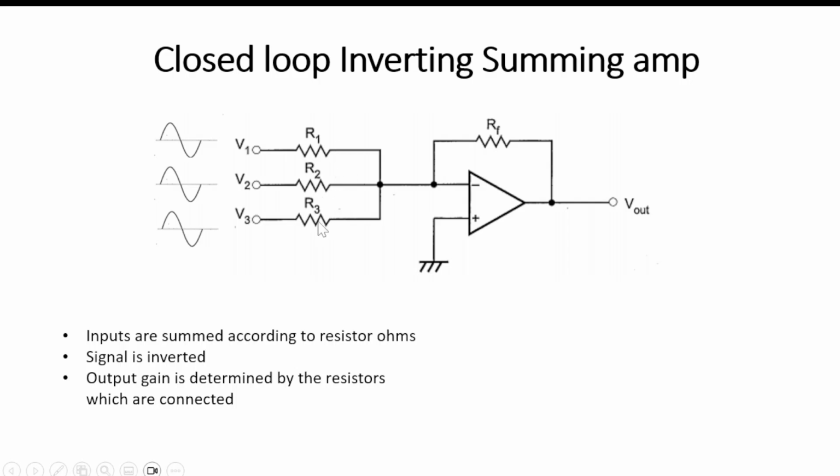If each of the resistors is equivalent in size, then an equal value of signal will be added together. If there are differences, then that will vary the percentage or quantity or amplitude that I'm adding from each of these 3 signals, which will then result in the output over here on the right-hand side of the op amp.